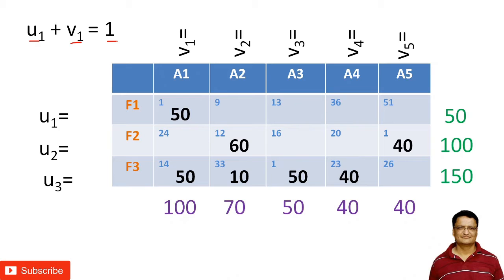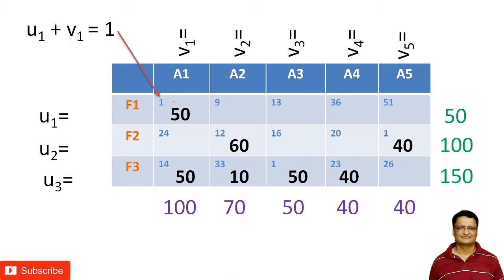Now let us try to understand what u1 is. u1 is the dual variable corresponding to the first row. v1 is the variable corresponding to the first column, right? And this 1 represents the unit transportation cost, which is given in the problem.